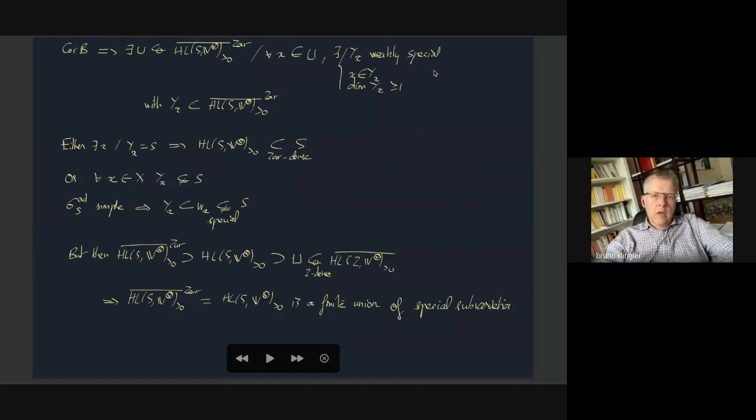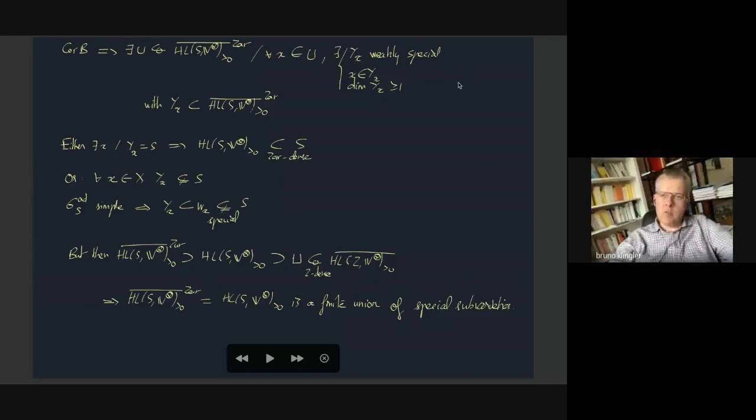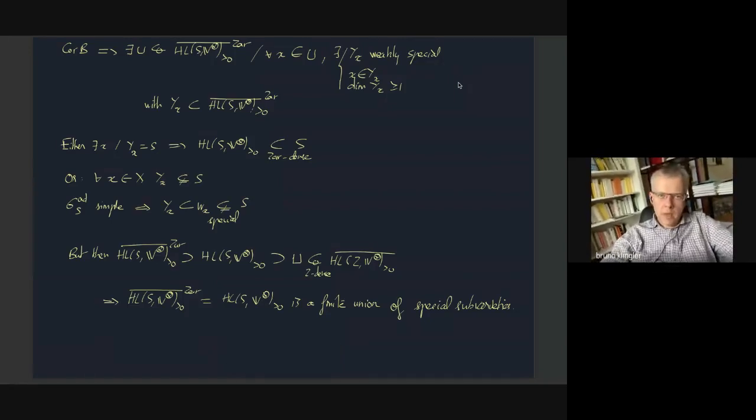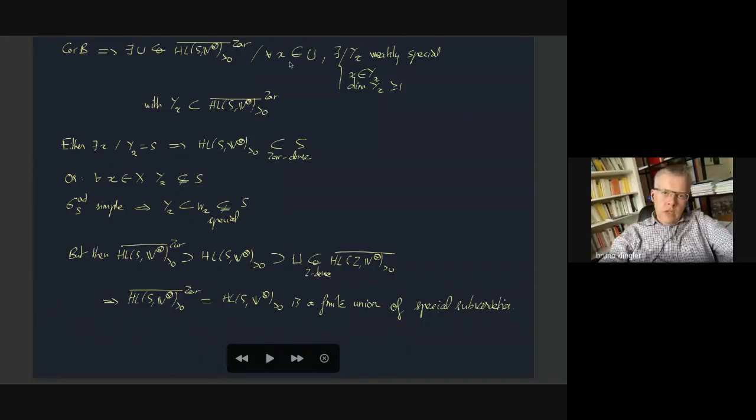As I said, they are the intersection of the image of the period map not with special subvarieties of D mod Gamma, but with weakly special ones, which are more general, but of the same shape, D prime mod Gamma prime. Well, and then, because of this saturation property, you can just analyze the geometry of those weakly special subvarieties.